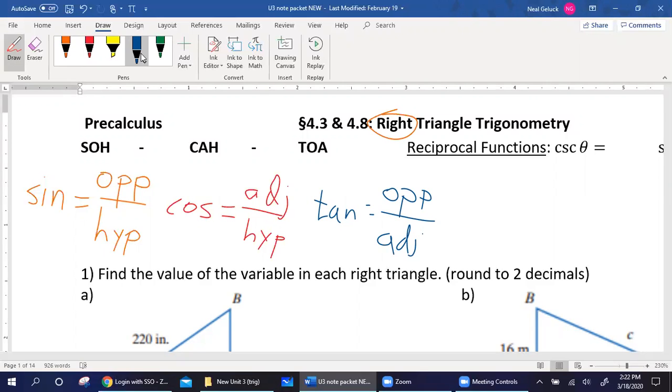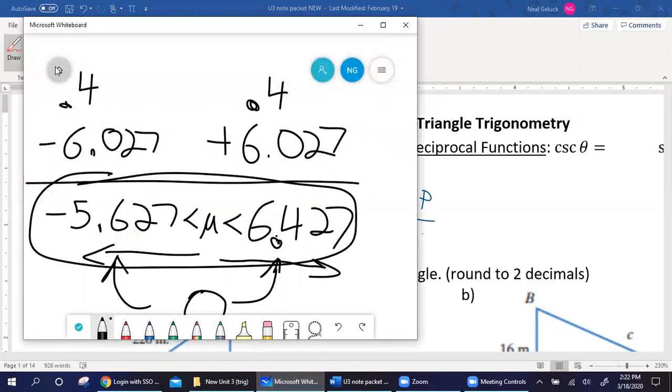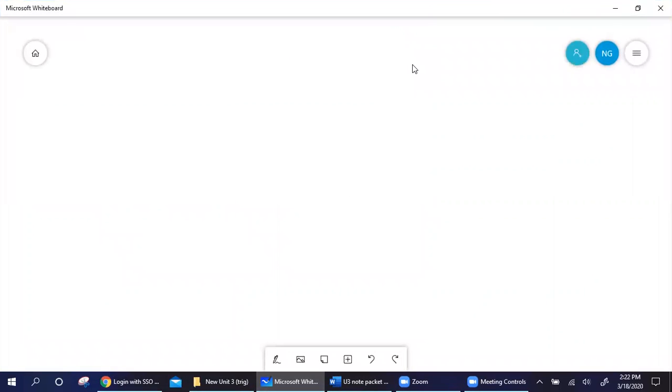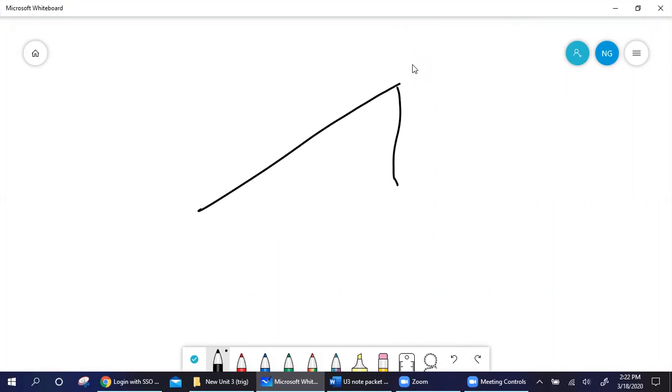Now remember, these are only with right triangles. Let me bring up another window here. So I'm only talking about right triangles at this point. And really that's what we're going to be focusing on this entire chapter.